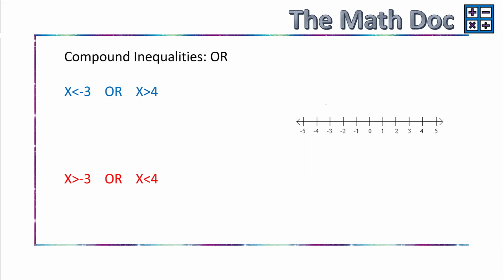This one is continuing the discussion of inequalities, and specifically compound inequalities, which are sets of inequalities where you have more than just one expression or one inequality, you have two or more. In a previous video, I discussed compound inequalities with an and requirement. Here we'll be talking about compound inequalities with an or requirement.